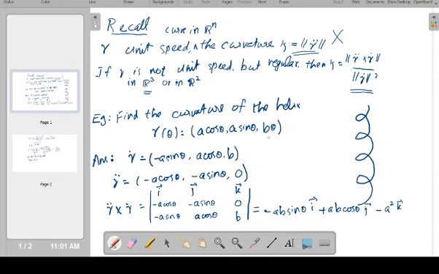If the height is equal to 0, then the curve is a circle of radius a in the xy plane. The curvature of a circle of radius a is 1 by a.